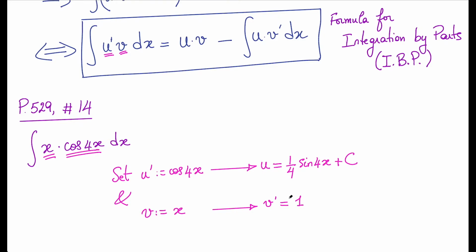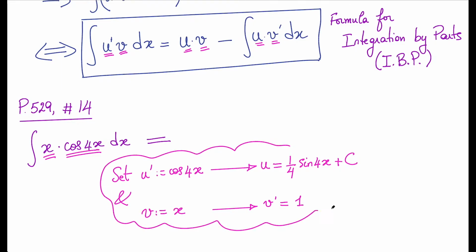Correct? Okay, so now I know what u, v prime and v are, so I'm going to put them here. These are the ingredients I need to move to the right side. Okay, so I'm going to write equality, and all this package that I just came up with is going to be needed in transitioning here by making use of IBP, integration by parts.